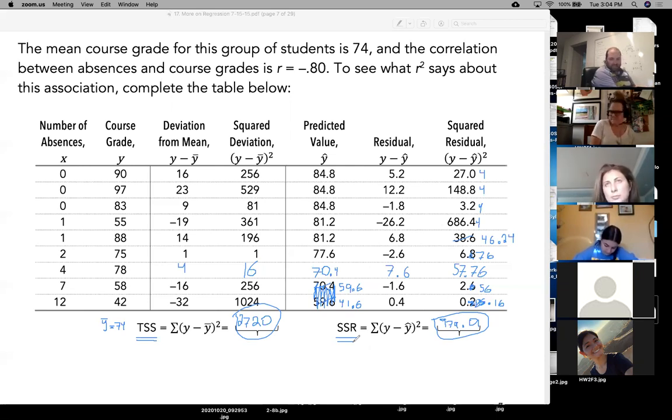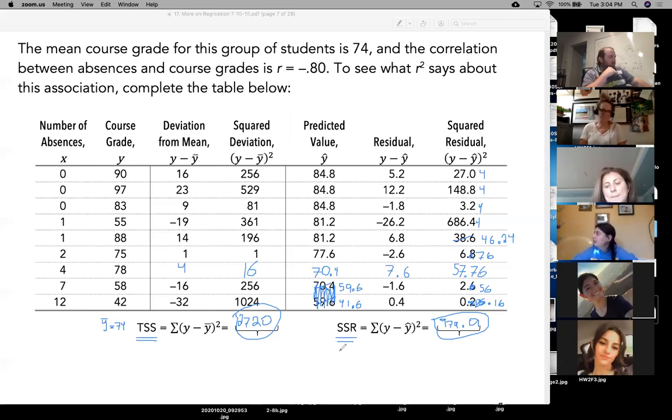And the SSR stands for? Can anyone guess? The sum of the squared residuals. Excellent. The SSR is the sum of the squared residuals, and the TSS is the total sum of squares.